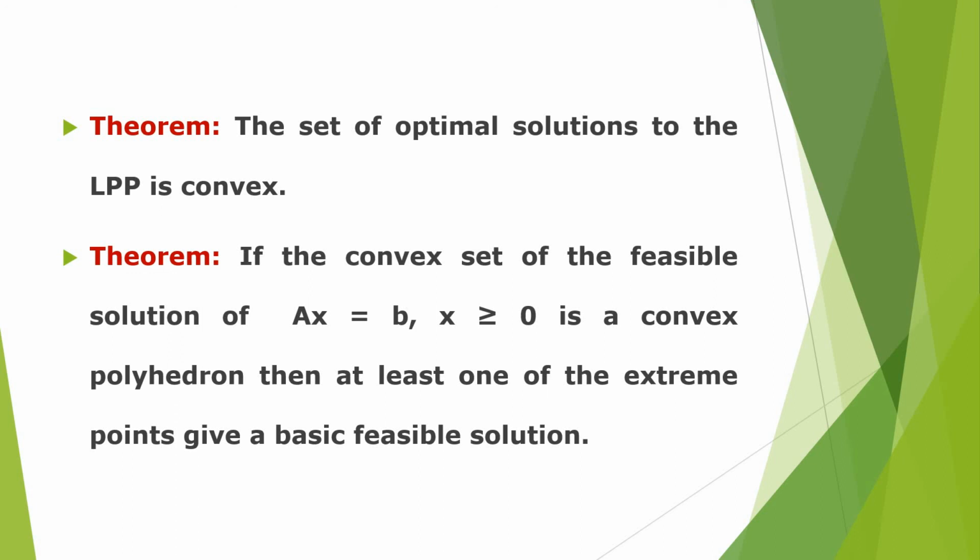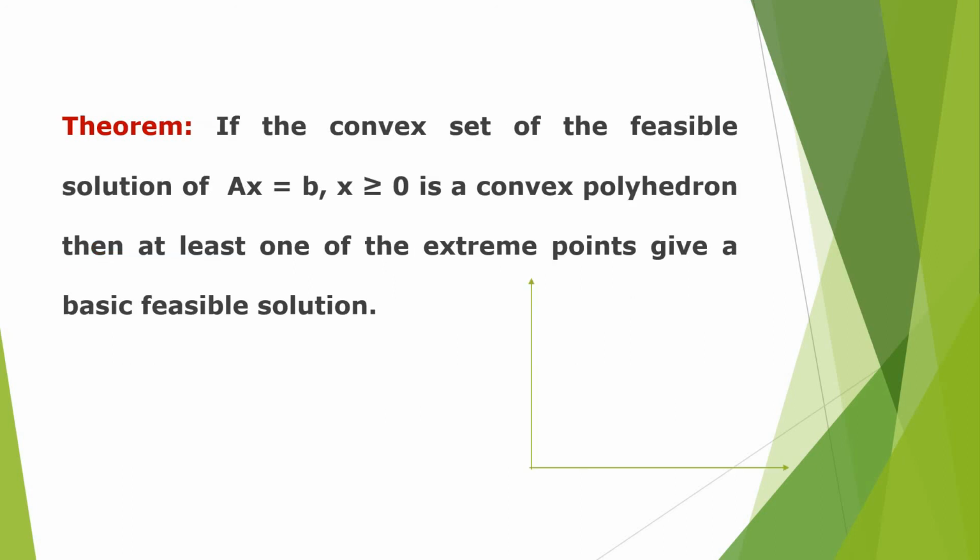The next result says if the convex set of feasible solutions of Ax is equal to b, with non-negativity of the decision variables preserved, is a convex polyhedron, then at least one of the extreme points, that is a vertex, gives a basic feasible solution.